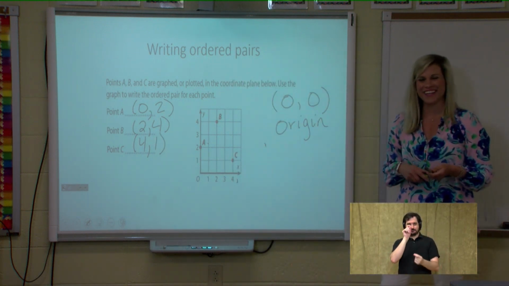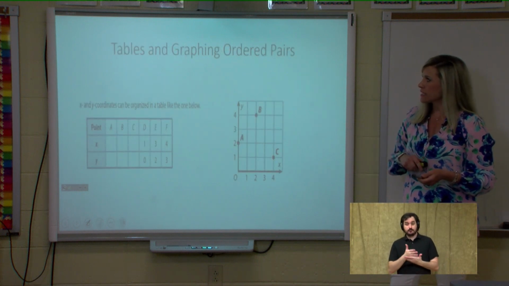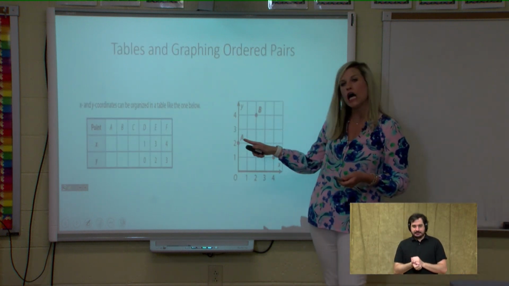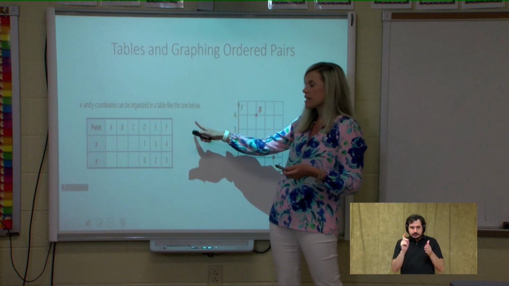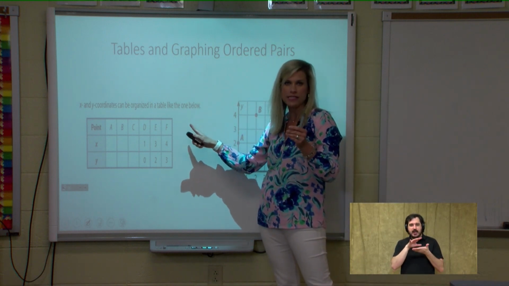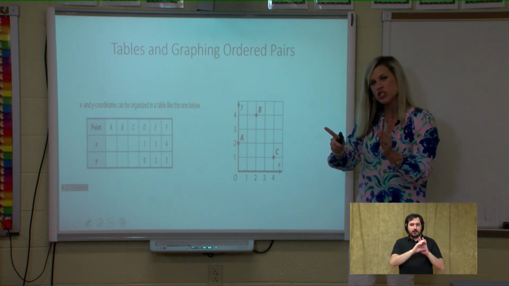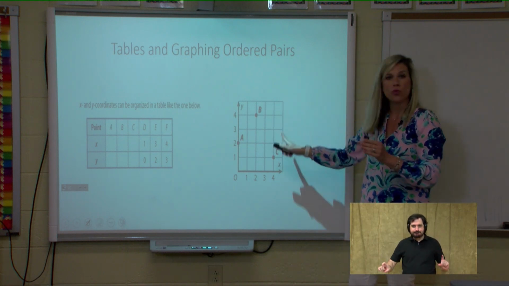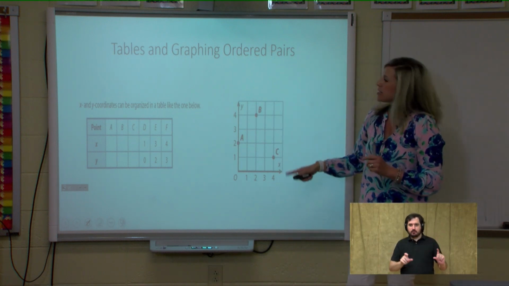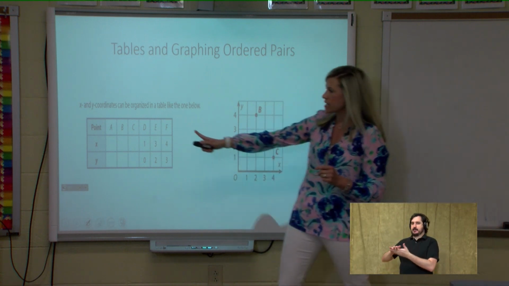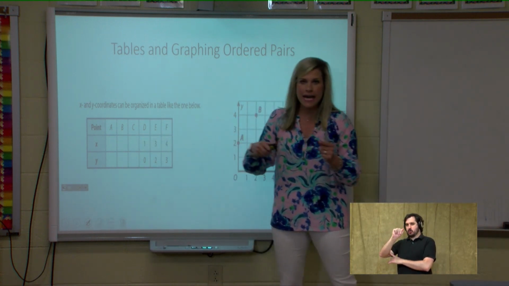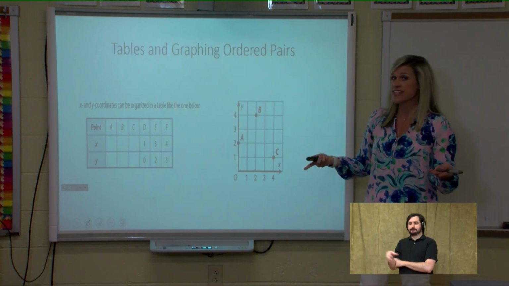All right, so now very quickly, we can notice that we can put our coordinates into a table. And we can take that information on a table and graph it here. So let's take a look. Look at point A for X and Y. Now we just did this together.